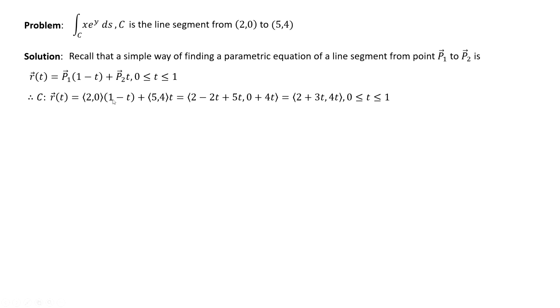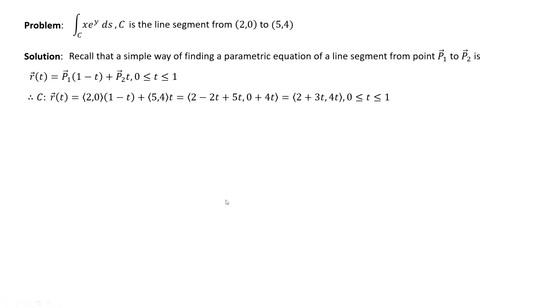When you do that, we get 2 minus 2t plus 5t and 0 plus 4t, right? And if I simplify that, this simply becomes 2 plus 3t comma 4t. So we had to figure out the parametric form of the given curve, and we have done that. We also have the bounds on t.